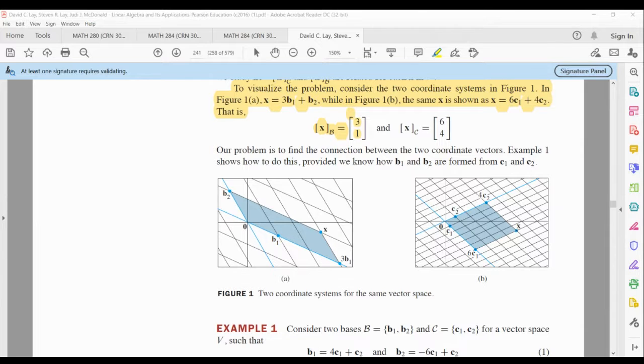Is there any question as to why the coordinate vector of x with respect to basis script B has 3, 1 as the entries? Please let me know now if you're uncomfortable.